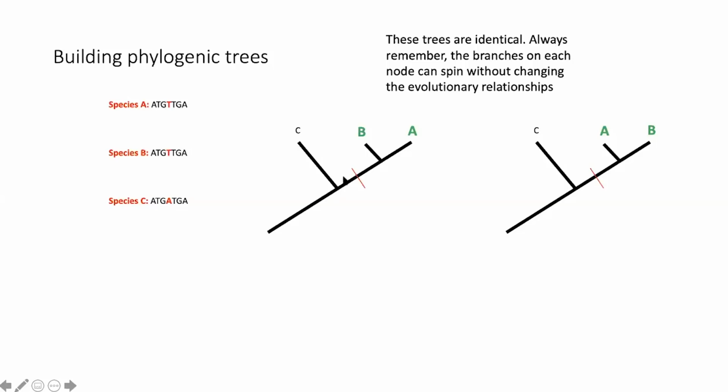The way that you can see this in the phylogeny is that there's a common ancestor that A and B share with C. And because that common ancestor occurs at the exact same place and the exact same time for the difference between C and B and C and A, that tells you that all of these organisms have evolved for the same length of time, separating them from C. So even though the ordering appears to suggest C and B are more similar to each other than C and A, they're not. You can just spin these things around on the phylogeny.